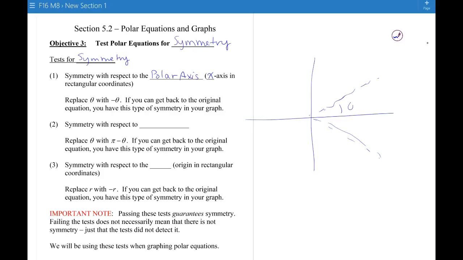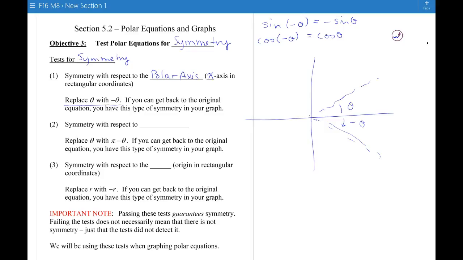So if this angle is theta and this angle is negative theta, that's what you do to test for the symmetry. You replace any thetas in the equation with negative theta, remembering that because sine is an odd function, sine of negative theta is negative sine theta, and cosine is an even function, so cosine of negative theta is just cosine theta.